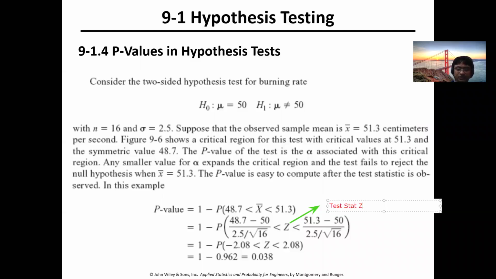Test stat Z is equal to mean x minus mu naught divided by sigma by square root of n.